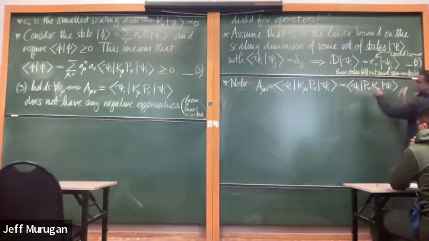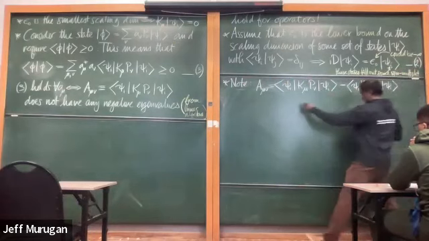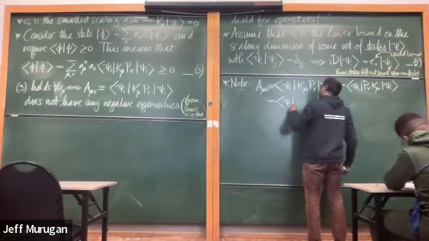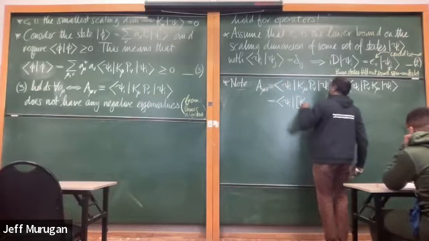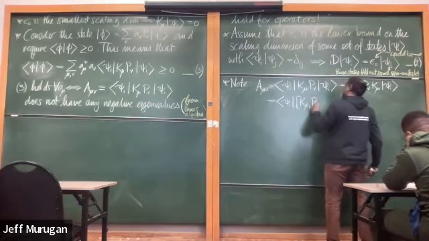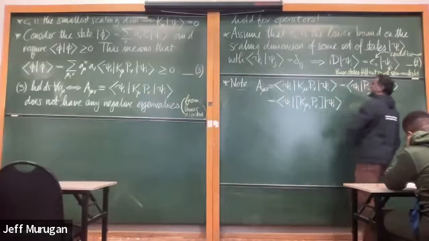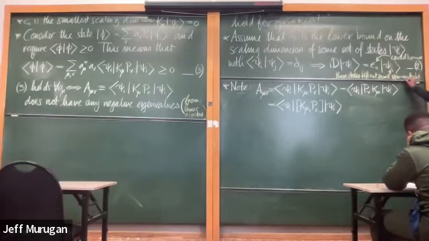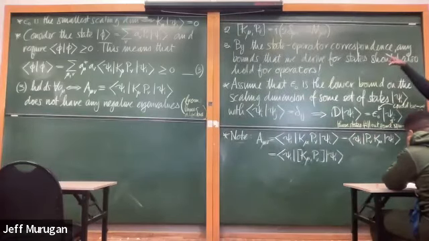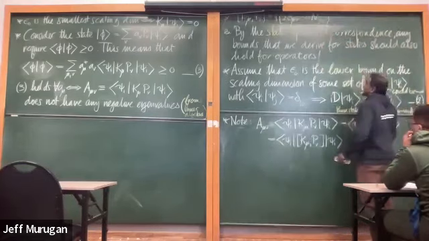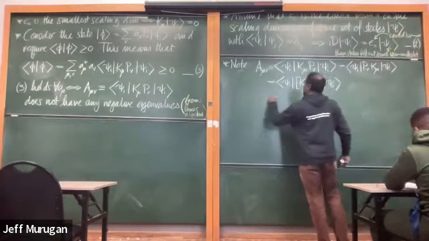So I'm not doing anything, I'm just adding 0. But this is just the same as psi I, the commutator of k mu p, psi I. Now you know why I wrote that down. So I can replace the commutator inside there with this expression again.